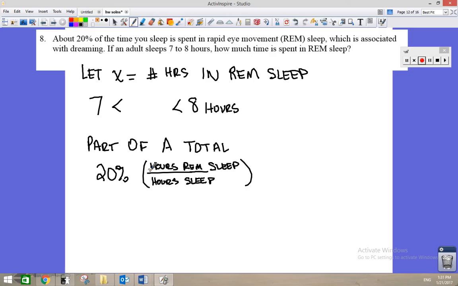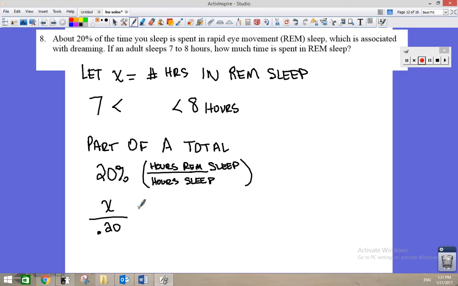Now, let's think about division for just a second. What does it mean to have X divided by 20%? If I write 20% as a decimal, it's 0.2. But you have to understand why I divide as opposed to multiply or add or subtract. So what are the units of the numerator X?